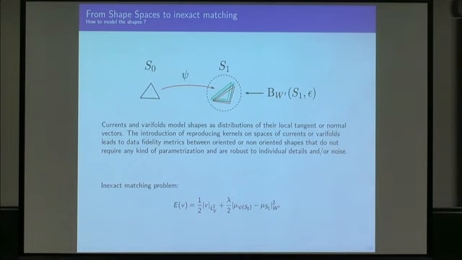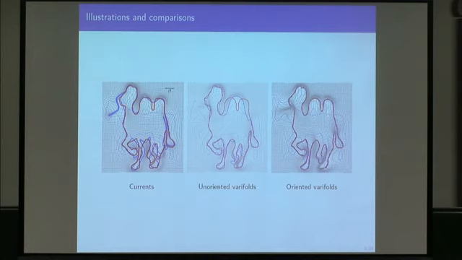I won't give you the explicit formula for currents and varifolds, but instead I will present you a few examples to compare those. Here we have the matching of a horse on a camel, and we see with currents the classical problem of cancel effect. For the current metric, here the head of the horse has been reduced to this looping curve, and this part of the curve has a nullness because of the cancelling effect.